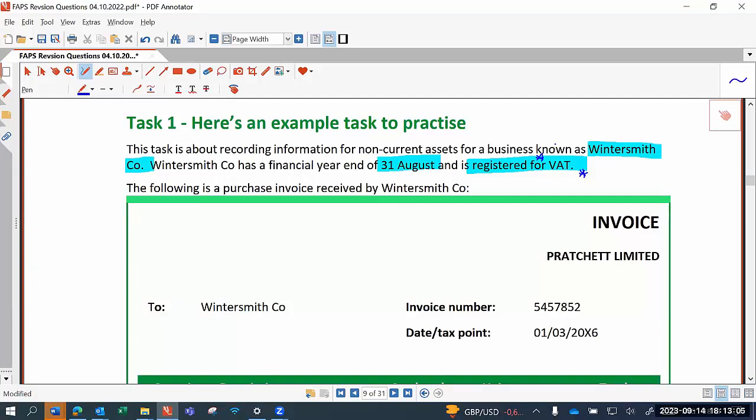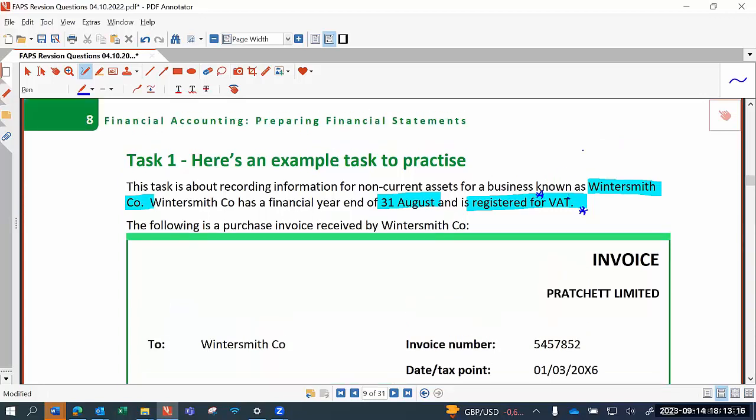They'd have to pay the VAT over to HMRC. So when they sell an asset, they will only get to keep the net proceeds. So we've got to make sure that we include everything net within our records. So we want the net figures for both purchases, and if there are any sales, sales as well.